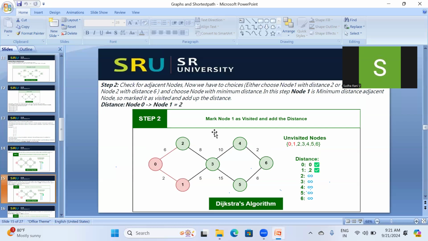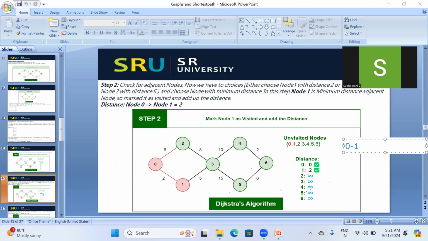Right. Now we completed the traversing of 0, and now we are moving to 1. Obviously we take it in sequence order. After 0, we are traversing to 1. So now we are traversing from 0 to 1.